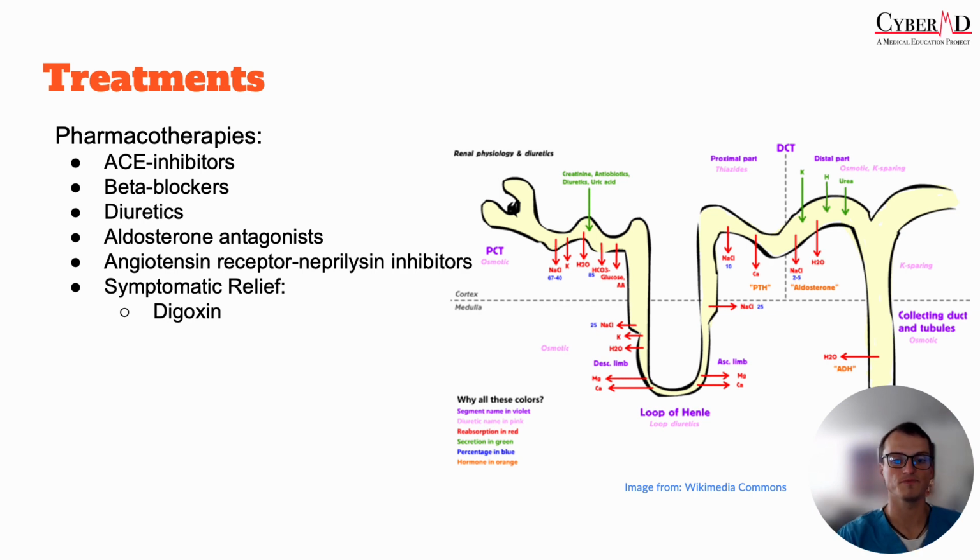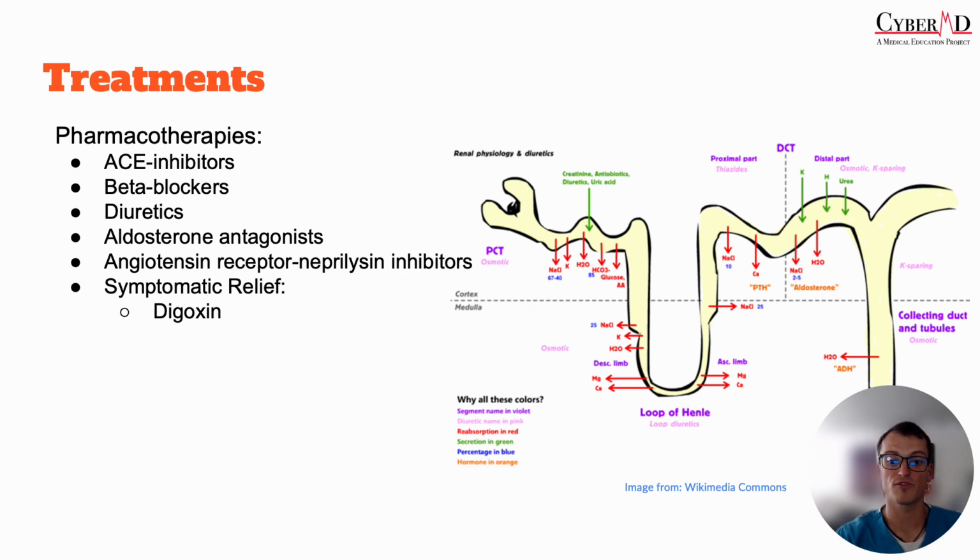Lastly, there's a new class of drugs called angiotensin receptor neprilysin inhibitors. Again, this is a new class of medications that combine the benefits of angiotensin receptor blockers, or ARBs, with neprilysin inhibitors. Neprilysin is an enzyme that breaks down natriuretic peptides, such as BNP.